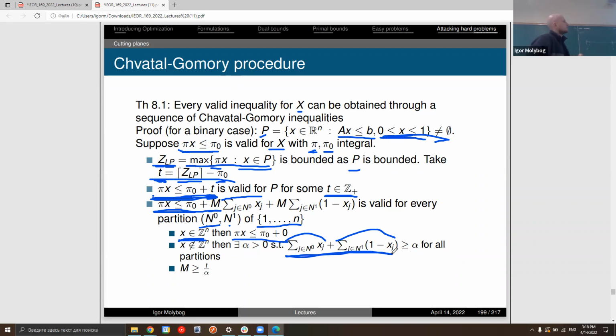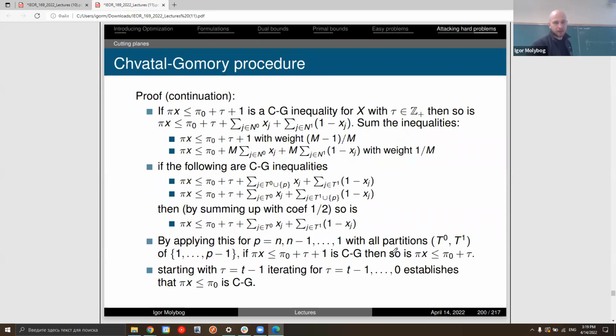So we're trying to prove that pi x is actually pi 0 plus m1. We are trying to find a tighter valid inequality than the one above. So our aim is, okay, let me show you what the aim is.